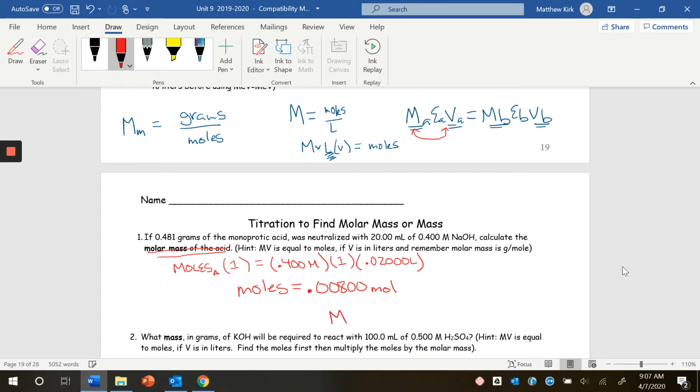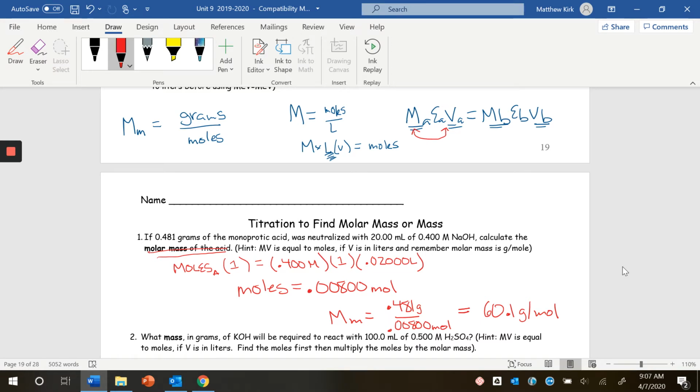Remember, to get molar mass, we take the corresponding number of grams, divide it by the corresponding number of moles. So 0.481 grams divided by 0.008 moles. And that's going to my calculator. And I think we should have 3 sig figs on this. My molar mass would be 60.1 grams per mole.